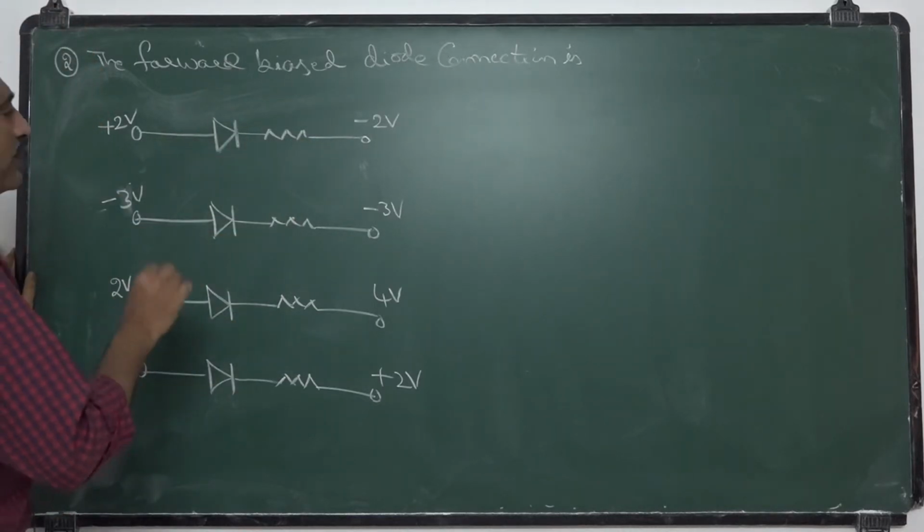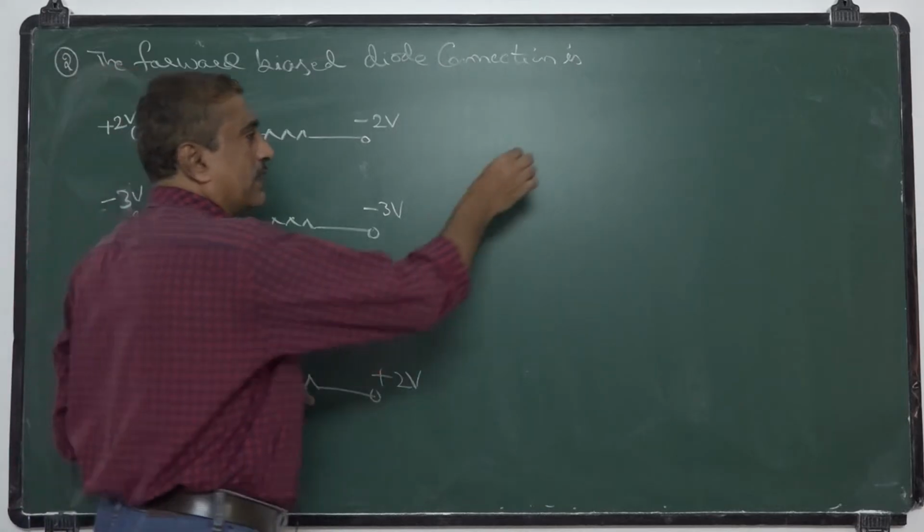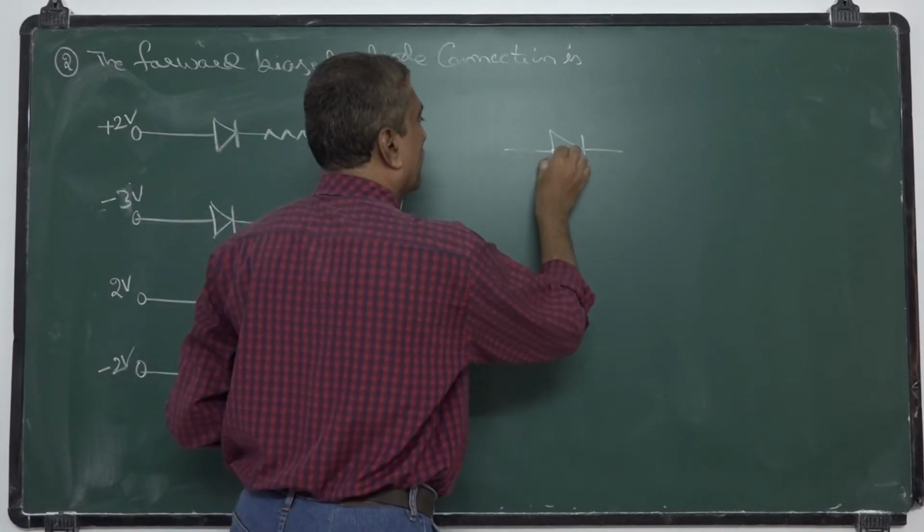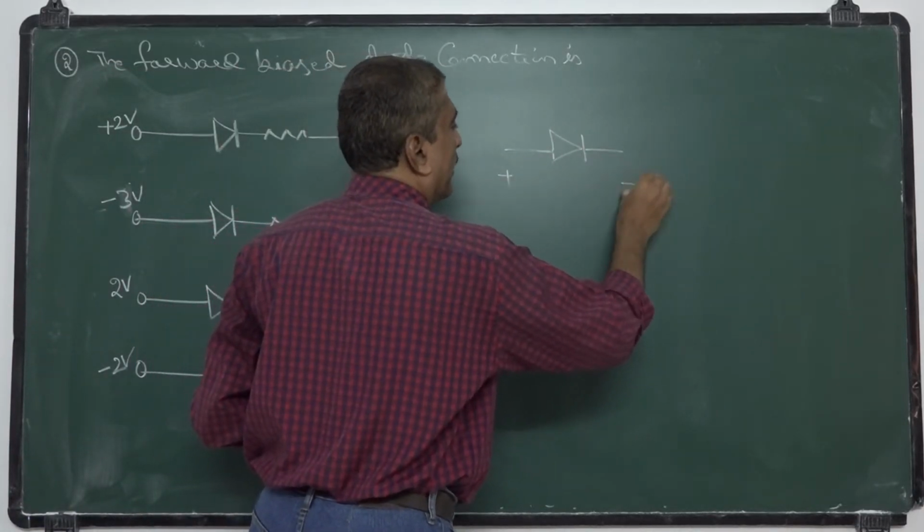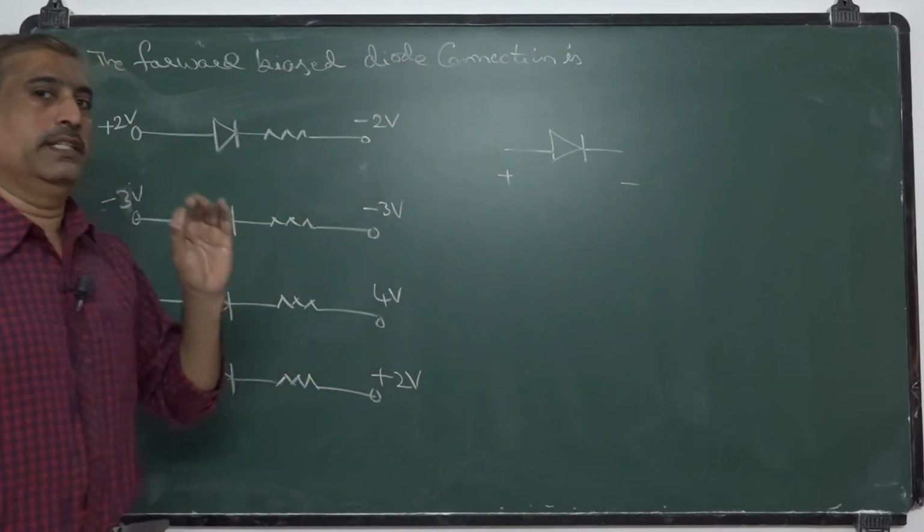You have to see. Forward biasing means connecting P type to positive terminal of the battery and N type to negative terminal of the battery. We will say it is a forward bias.